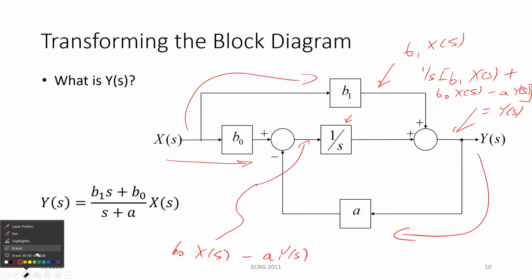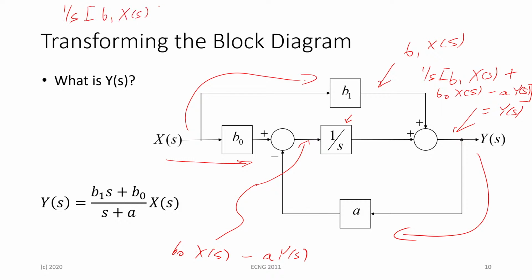Writing out our equation, because I know it's a little bit jumbled, our output is going to be 1 divided by s into b1 x of s plus b0 x of s minus a y of s, which will be equal to y of s.